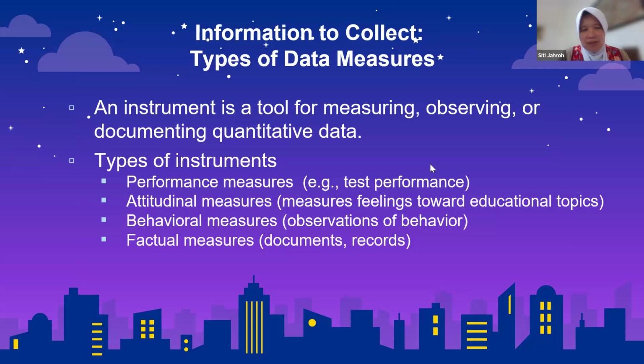The types of instrument: it can be the performance measure, to test the performance, or maybe the attitudinal measure, to measure the feelings toward educational topics, or maybe the behavioral measures, observations of behavior, or maybe the factual measures, the document or the record, based on the fact.